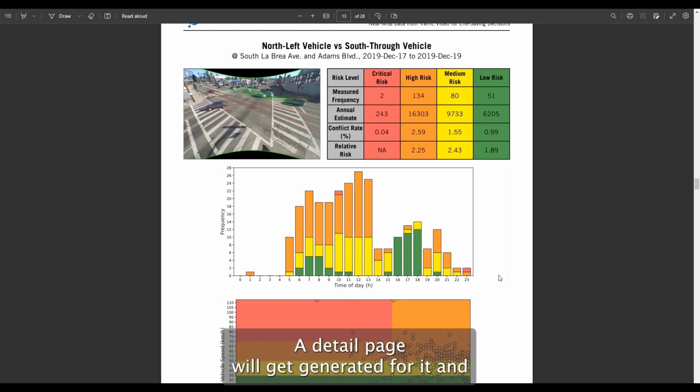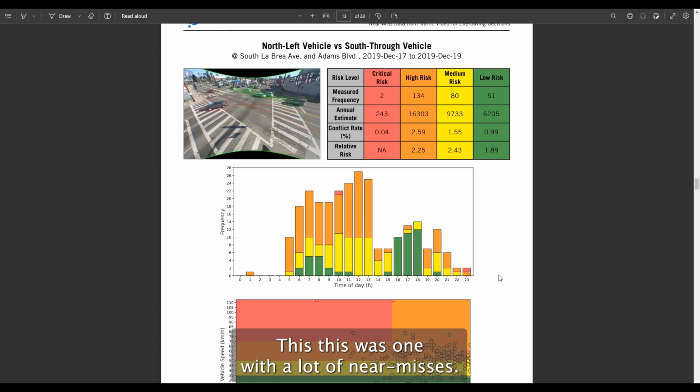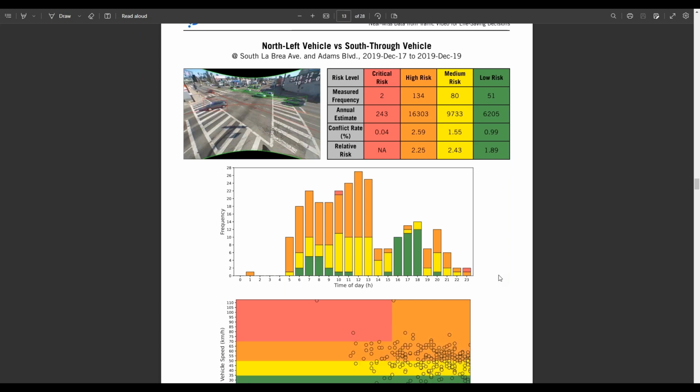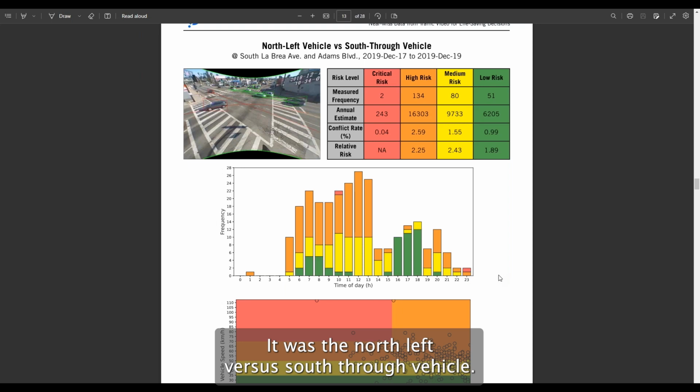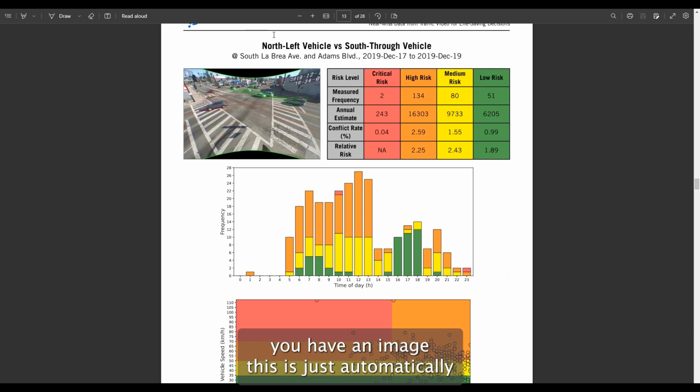A detail page will get generated for it, and whether it was a lot or a little risk data, this detail page will get created. This was one with a lot of near misses. It was the north left versus south through vehicle, and I'll show you the different parts. In the top left, you have an image.